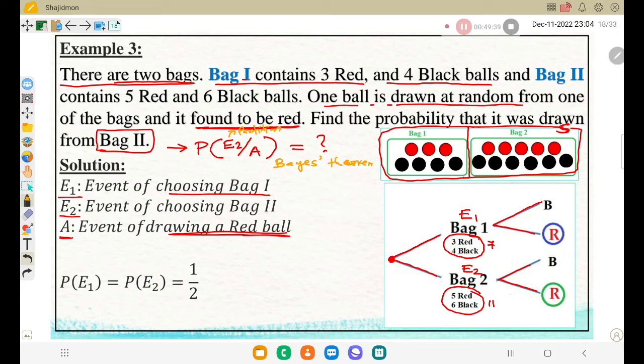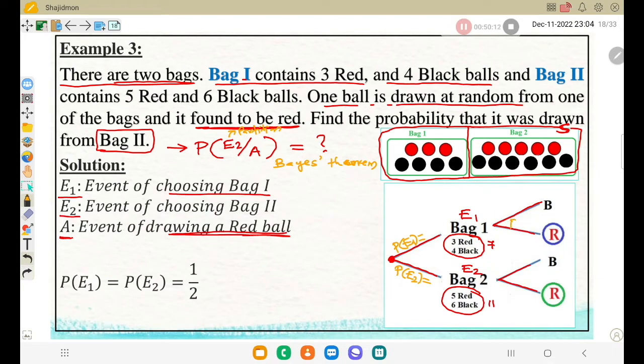Hope you understood that question. The probability of a main event divided by an event, given an event already, red color from bag number 2. So this is the Bayes theorem we are using. Now how to calculate, you can see. In this tree diagram, the probability of E1 we write here, the probability of E2 we write here, and for the red ball only we need to consider.